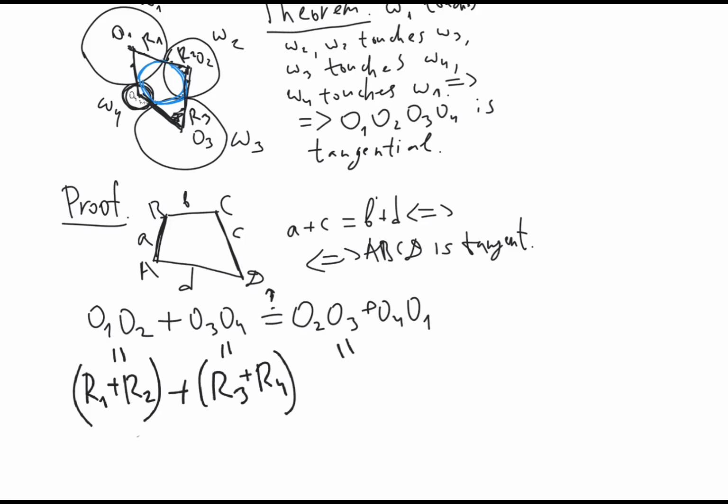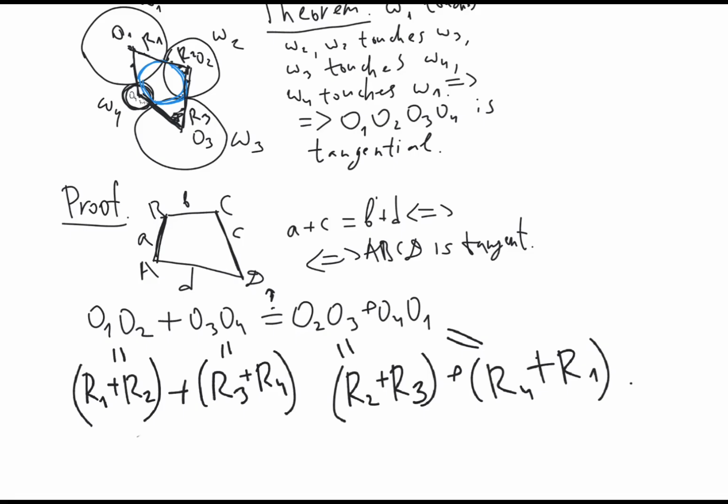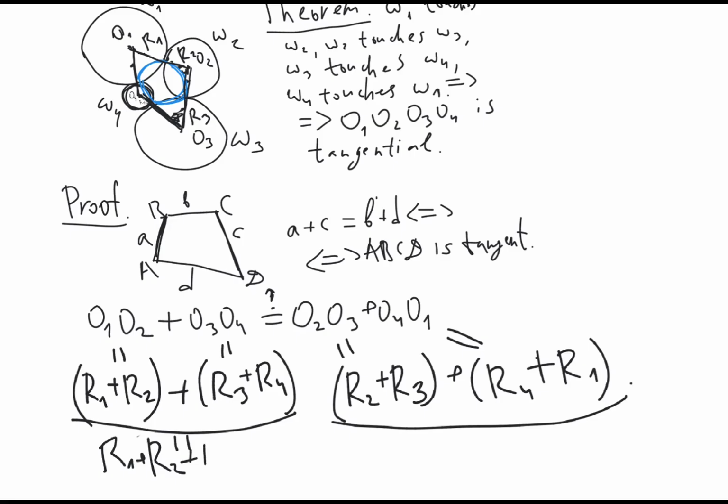On the right hand side we have O2O3 equal to R2 plus R3, and O4O1 equal to R4 plus R1, right? If you look at the left hand side and the right hand side, we see that they are both equal to simply R1 plus R2 plus R3 plus R4, simply different groupings of the same sum of all four radii.